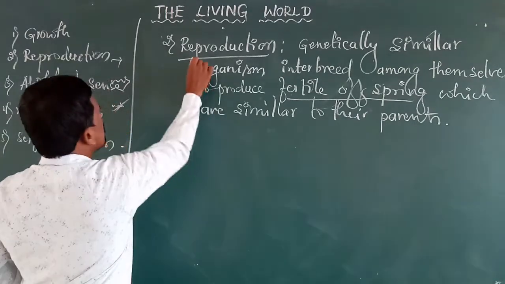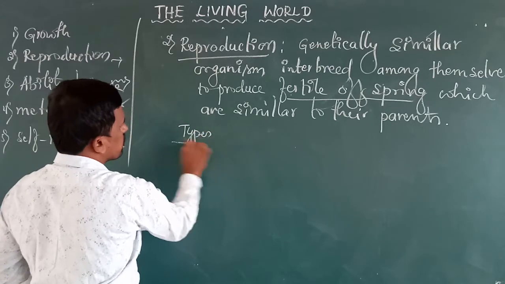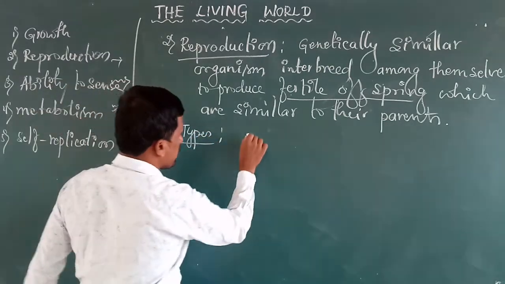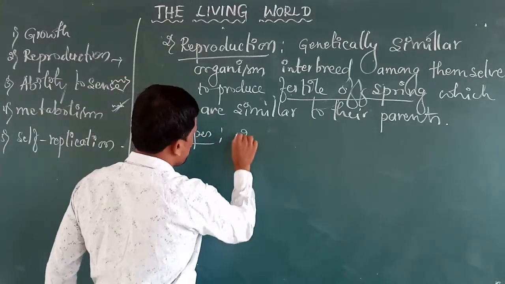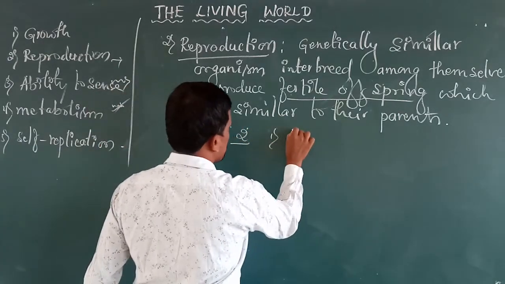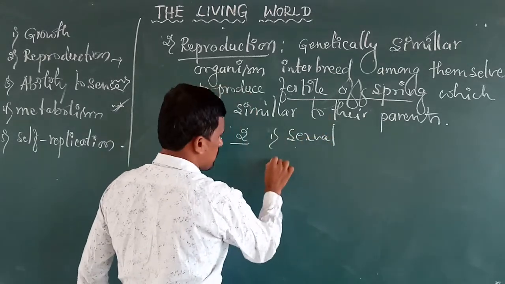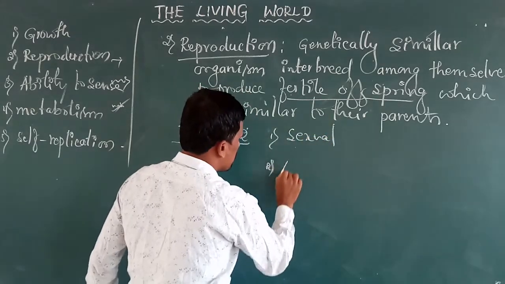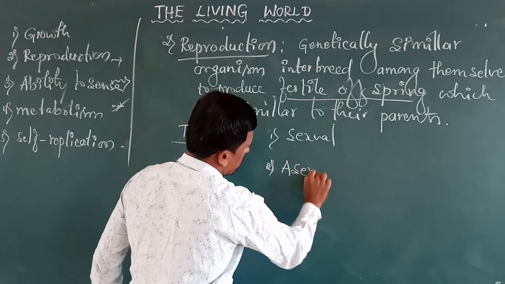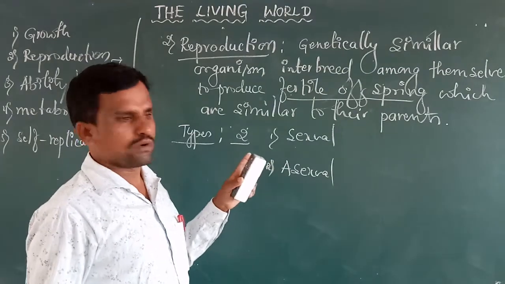Mainly, we can differentiate two types of reproduction: sexual reproduction and asexual reproduction.